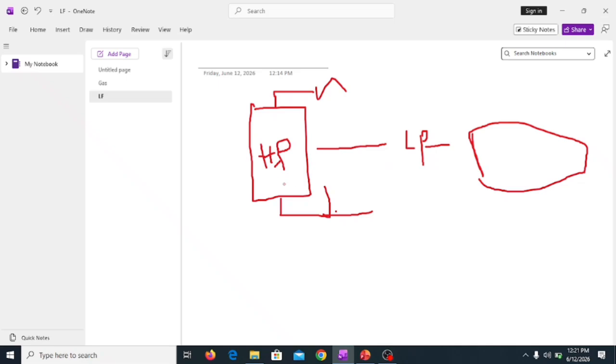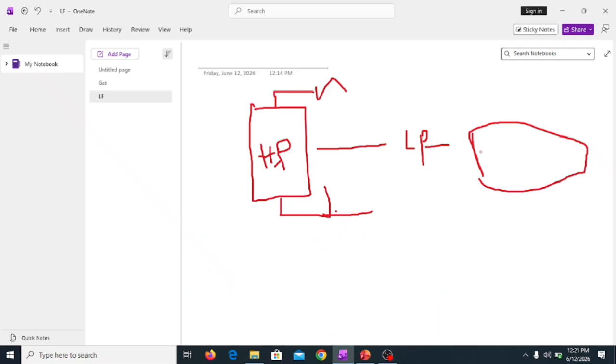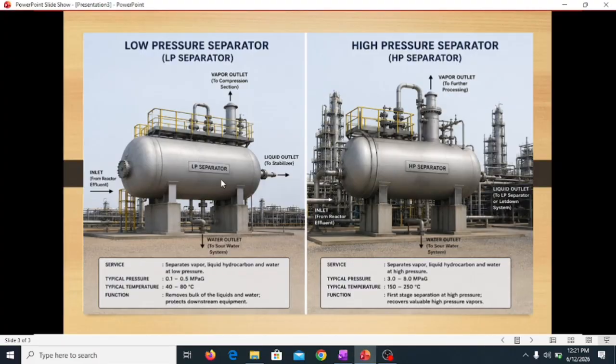Remember, if the gas is reducing, the water will be increasing. By the time the water has increased, it will dump into our three-phase separator to separate the water. So that is how our three-phase separator works, and that is how our low pressure and high pressure separators work. So that is the classification of our separators by pressure and by phases.